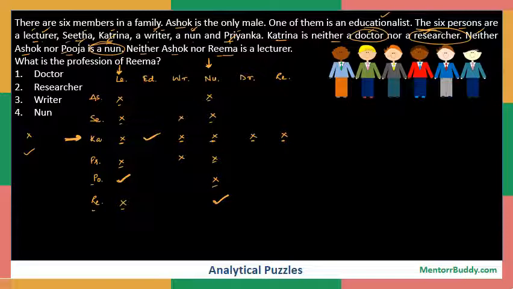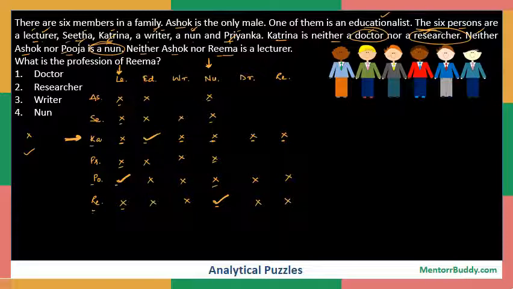So let's see what we can do with this information now. Because Pooja becomes a lecturer, she cannot be an educationalist, a writer, a doctor, or a researcher. In the same manner, if Reema becomes a nun, she cannot be educationalist, writer, doctor, or researcher. And also, if Katrina becomes an educationalist, Sita cannot be, Ashok cannot be, and Priyanka cannot be.